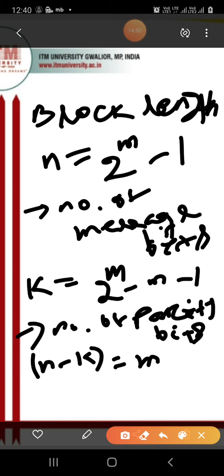Here m is greater than or equal to 3, that means the minimum number of parity bits is 3.